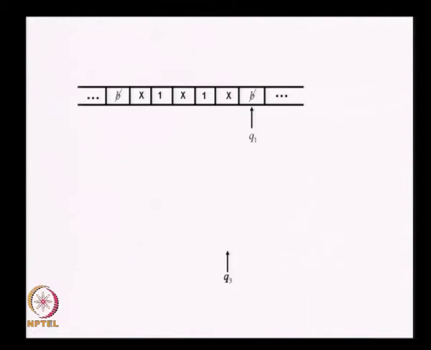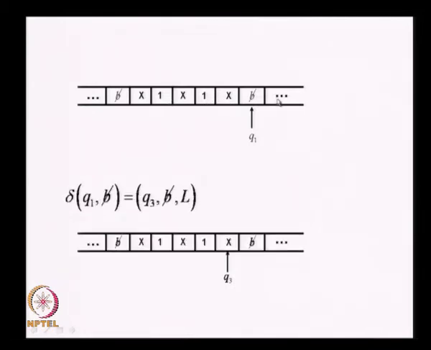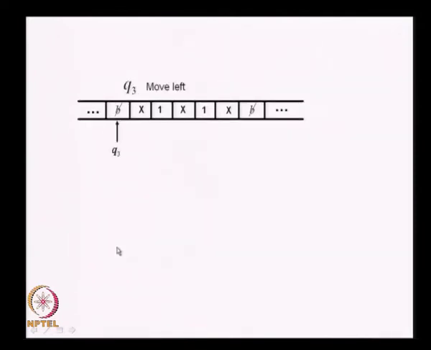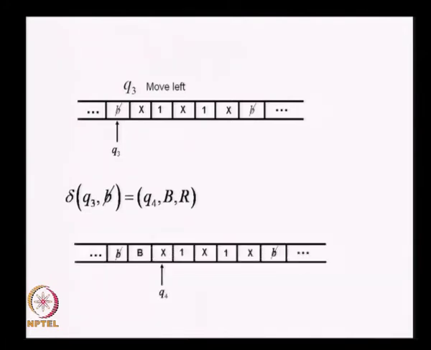So, in Q1 on a blank it moves left, it uses this mapping Q1 blank = Q3 blank L and moves left in state Q3 until it reaches here, and in this position it reads the blank symbol in Q3 and it uses this mapping delta of Q3 blank = Q4 blank R, prints the capital B here and moves right in state Q4.